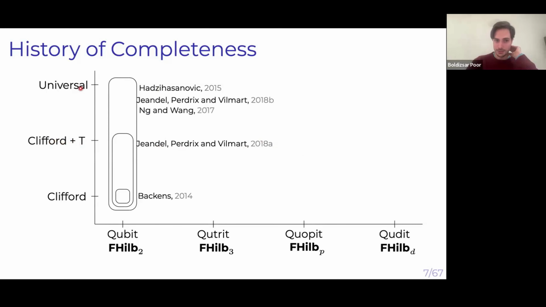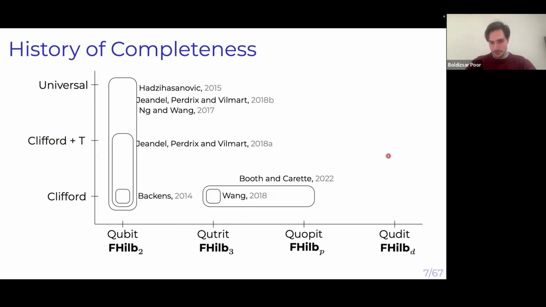And later, it was also shown that the universal fragment of the ZX calculus is complete. And then Harney in 2008 proved that the Clifford fragment of the qudit ZX calculus is also complete. And 2 years ago, Robert and Tituan proved that for all odd prime dimensions, the ZX calculus for the Clifford fragment is also complete.